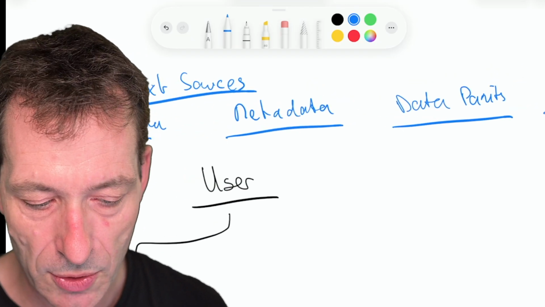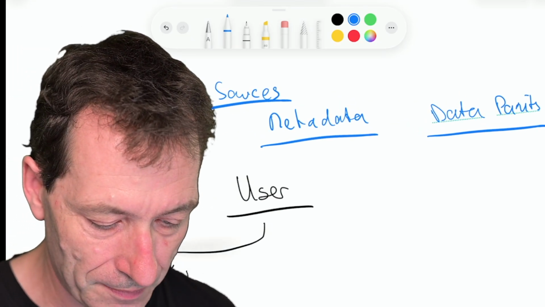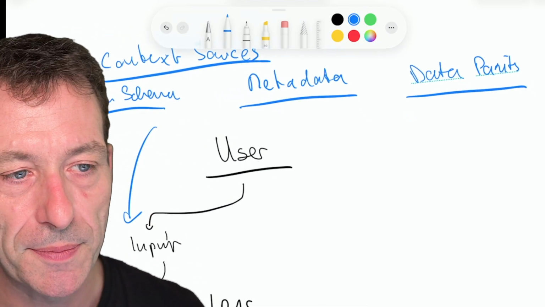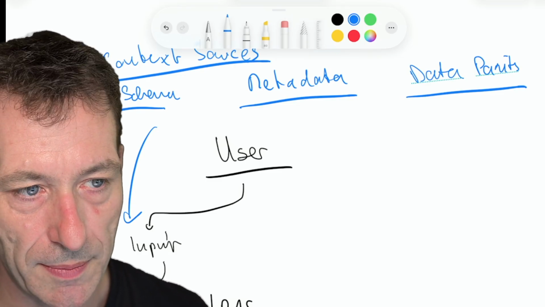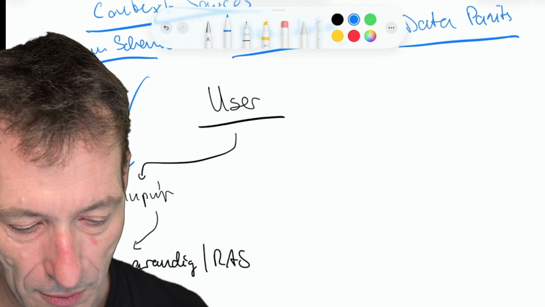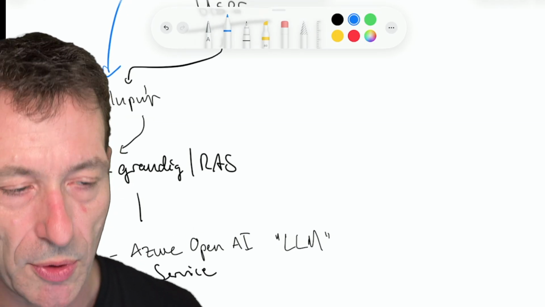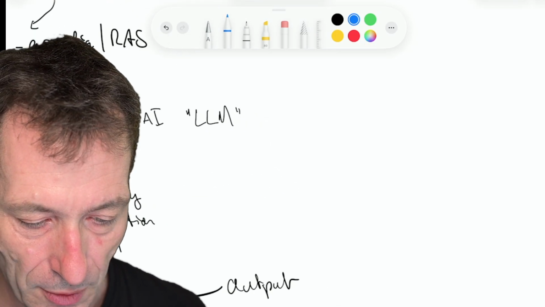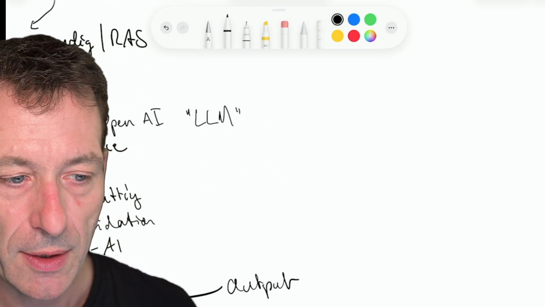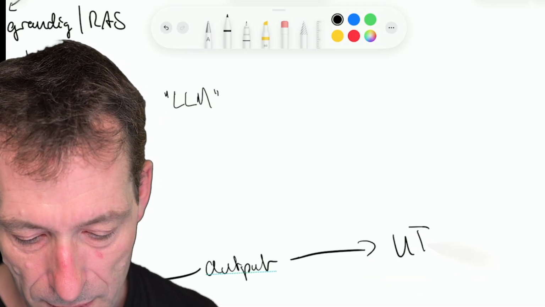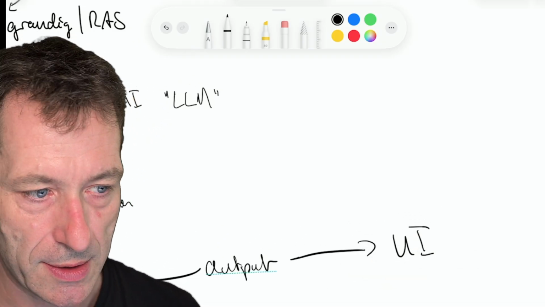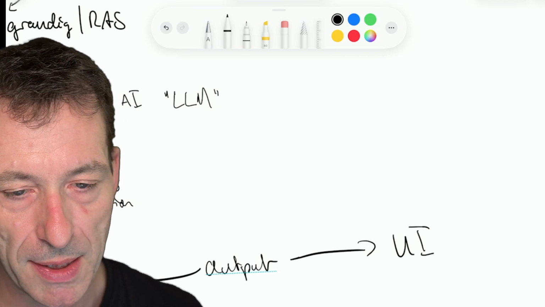Chat history is your current chat session. All that is assembled also in the input, so it's taken into account when the large language model processes your chat request. And out of all that, the output is generated, and then it's fed back to the specific user interface. This is how things basically work.